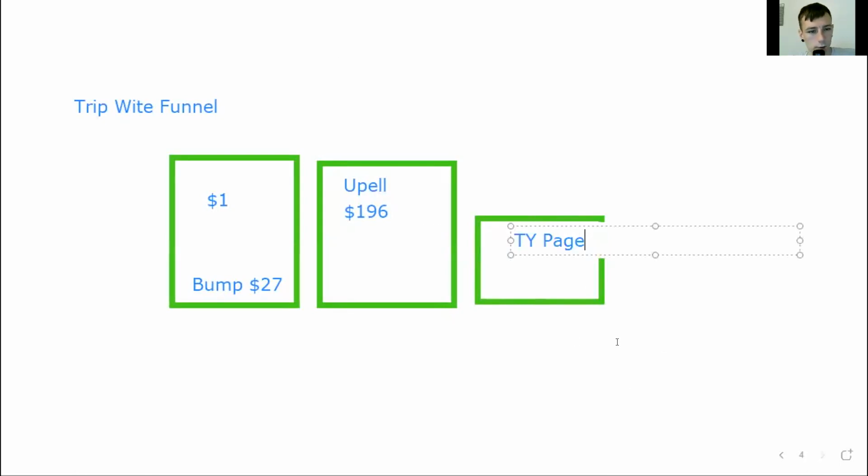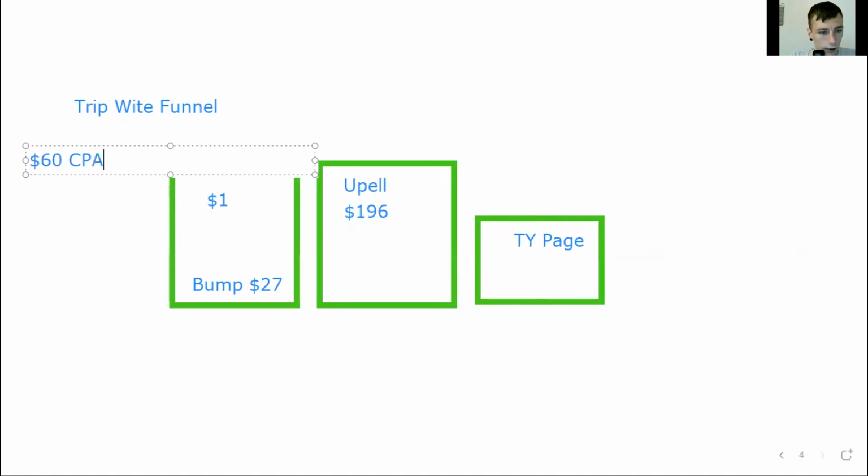So what's different about this offer is you're going to have a lot more buyers coming in because it's only $1, and anybody can afford a $1 product. But let's say in this example it's costing you about $60 CPA, cost per acquisition, to acquire a $1 sale.